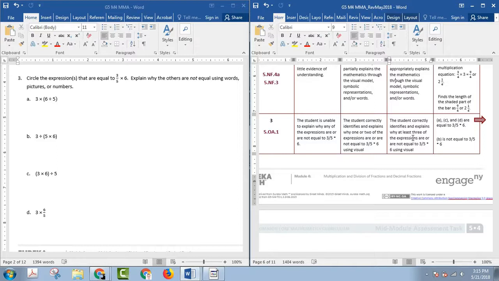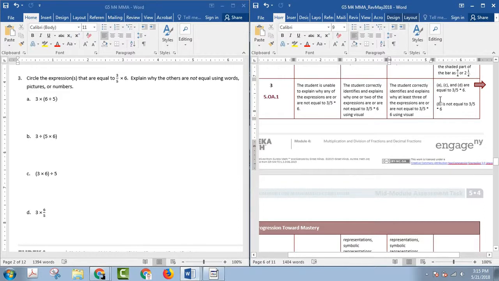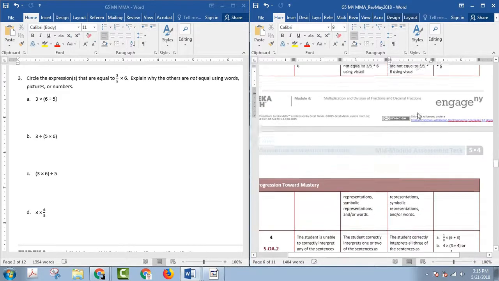The 2 here is only partial, and the 1 would be not at all. They're unable to do that. So if they get 1 or 2 of them right and explained correctly, it's a 2. If they get at least 3, it's a 3, and if they get none, then it is a 1. Again, we've got the stuff written here.